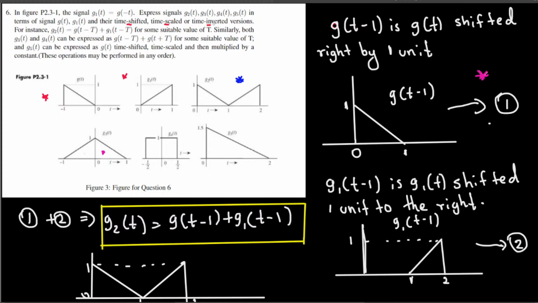We have inverted versions, time inverted versions. So we don't have to do anything else since they didn't mention ramp or anything else. So we don't have to worry about converting this one into a unit step function. We have to just consider the shift and if the height changed somehow. So we don't have to do basically anything except shifting the graphs.